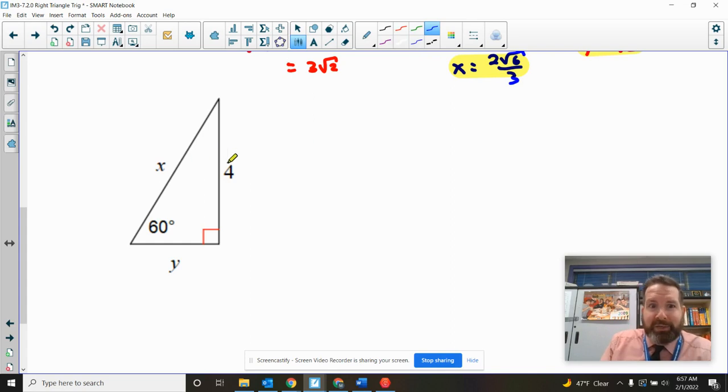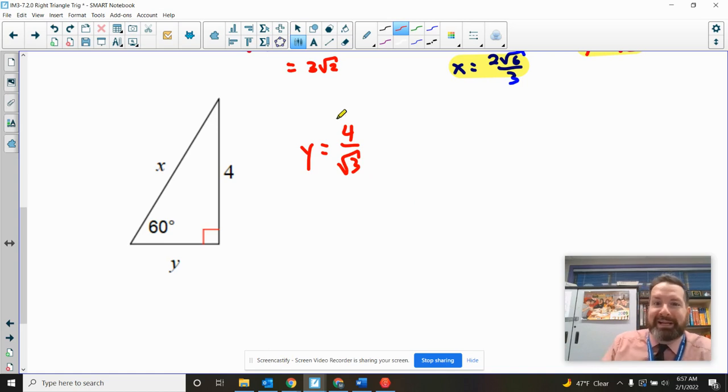What I do is I take a look at what I have. I know here I've got the long leg. Well, okay, I know that to go from the short leg to the long leg, you multiply by square root of 3. That means that to go in the other direction, you just divide by square root of 3.